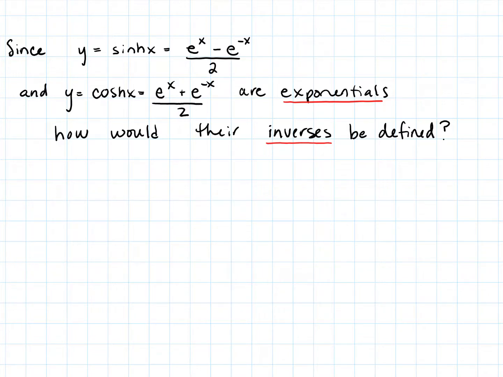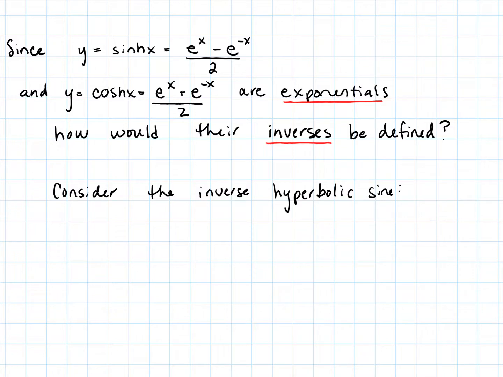Well, let's start off by considering the inverse hyperbolic sine, which would be defined, and we do know that it exists, by the way, since y equals the hyperbolic sine is one-to-one.